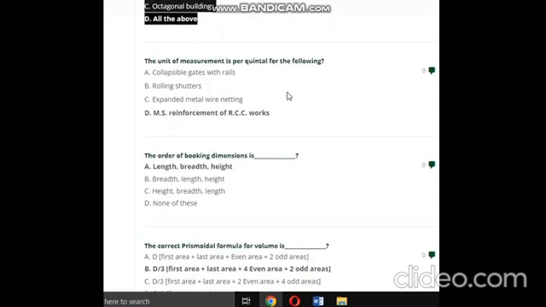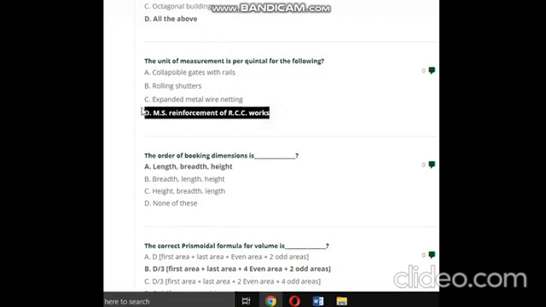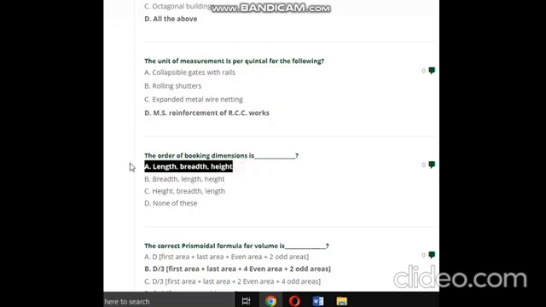The unit of measurement is per quintal for the following: MS reinforcement of RCC work. The order of booking dimension is length, breadth, height.